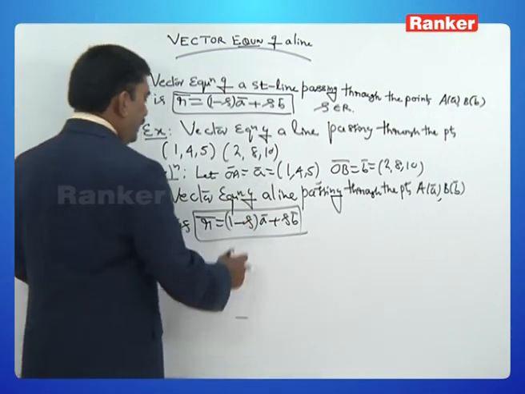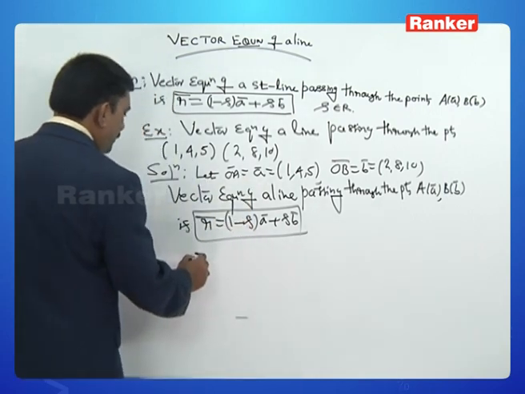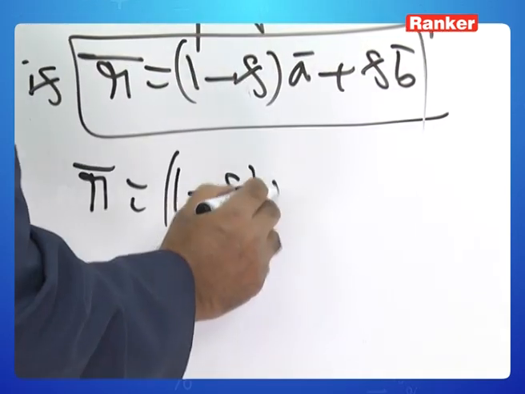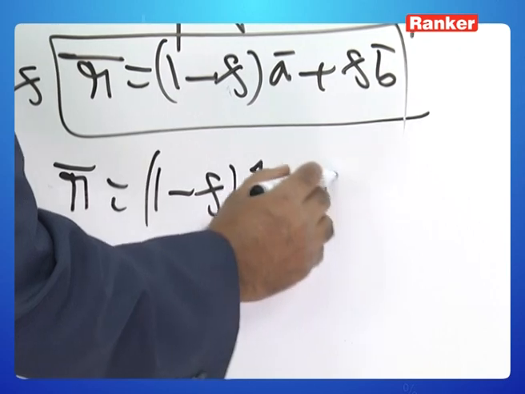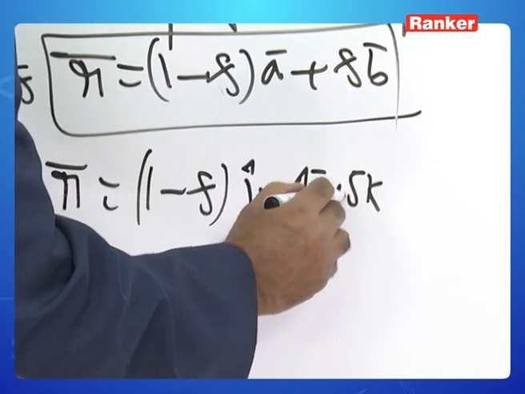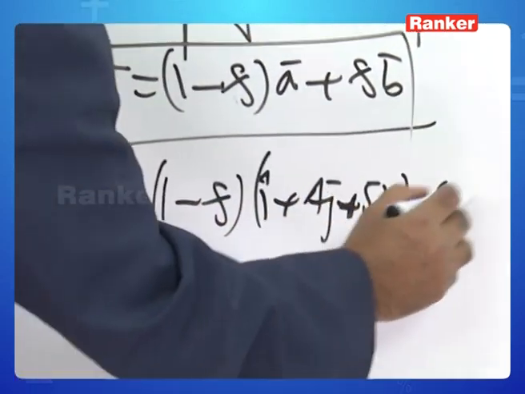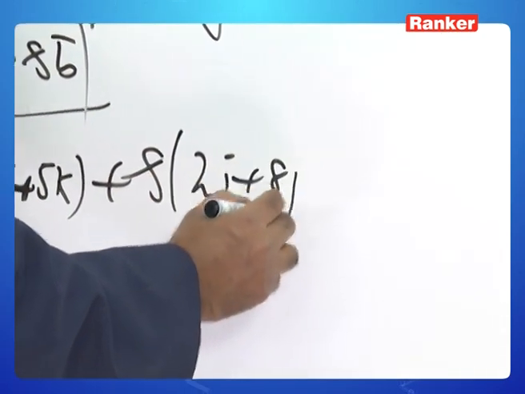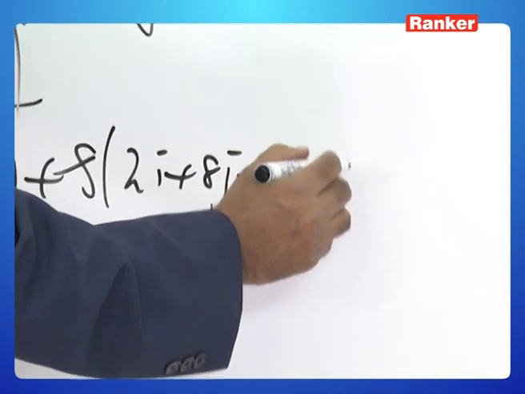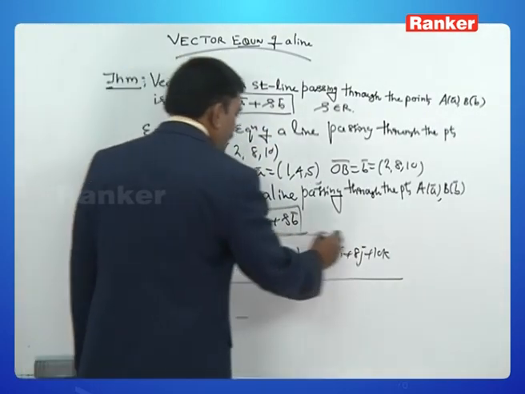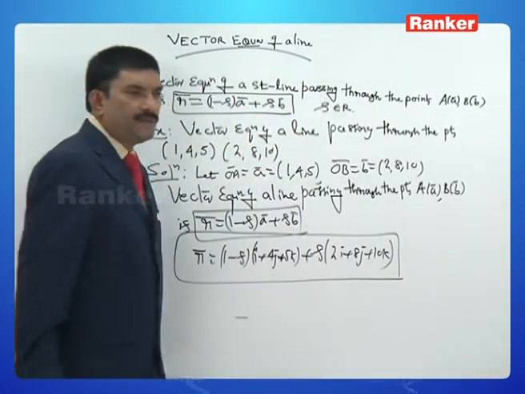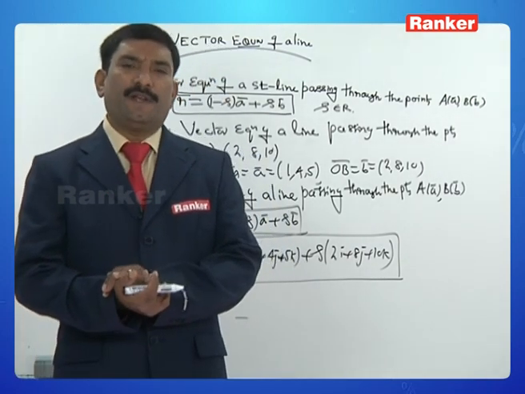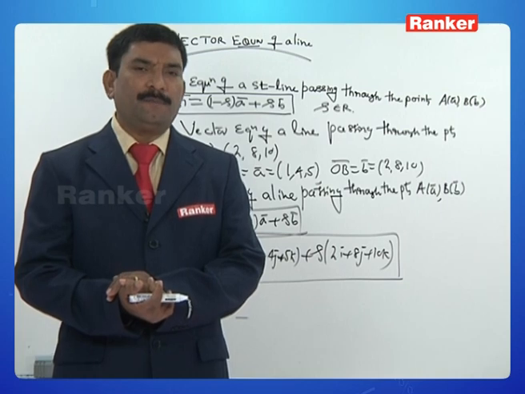Just take these 2 points and substitute. R bar is equal to (1 minus S) into (i plus 4j plus 5k) plus S into (2i plus 8j plus 10k). This represents the vector equation of a straight line passing through 2 points, A bar and B bar.